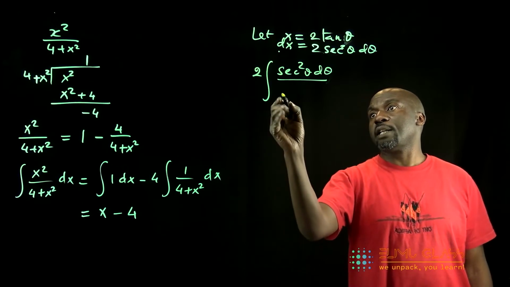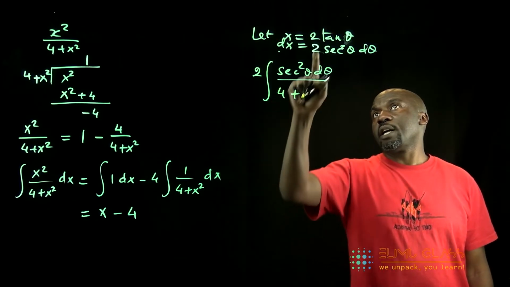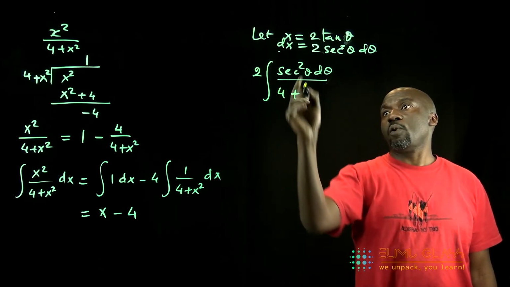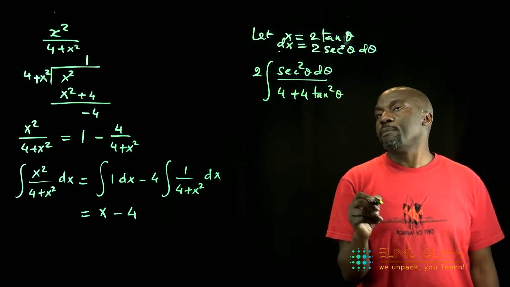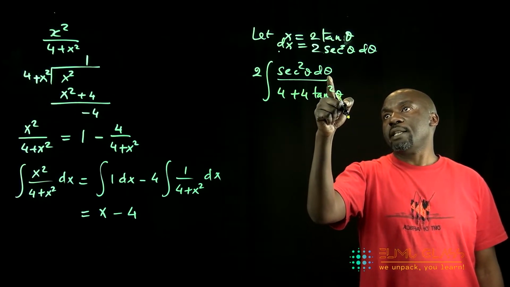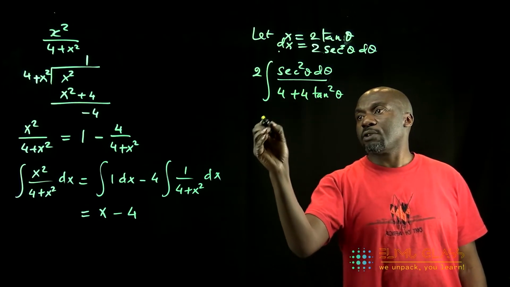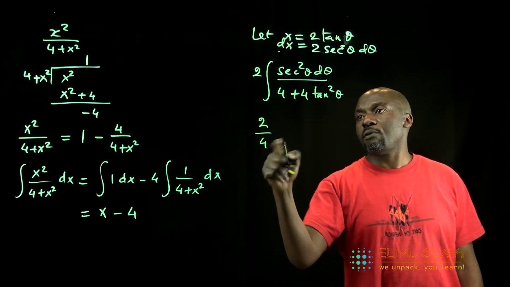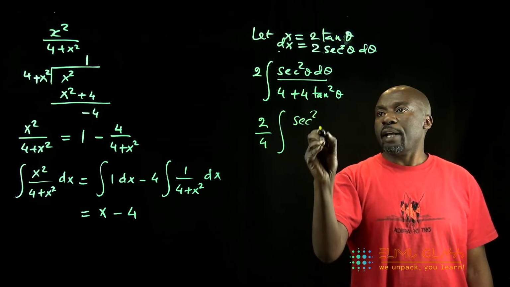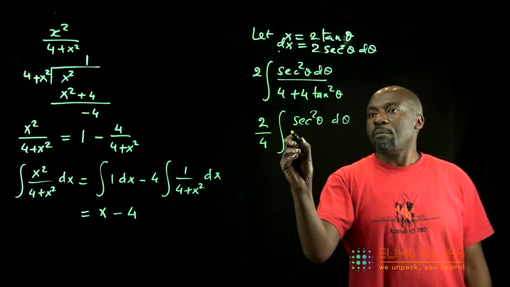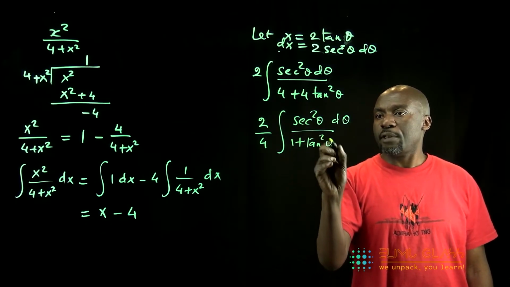It doesn't take part, and 4 plus x squared becomes, since x is 2 tan theta, if I square, I get 4 tan squared of theta. I already have my d theta there. And now I can factorize 4 out, so I have 2 over 4, which can simplify later, and this is sec squared of theta d theta, but the denominator now is 4 times 1 plus tan squared of theta.